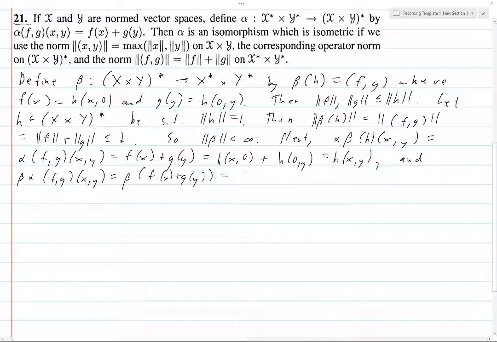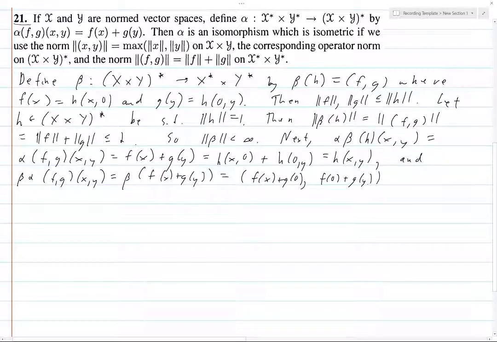This becomes just the pair, where f(x) equals h(x, 0). So this is f of x plus g of 0. And then likewise, this gives us f of 0 plus g of y.